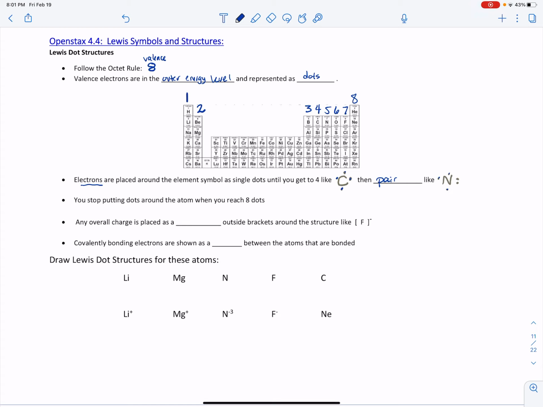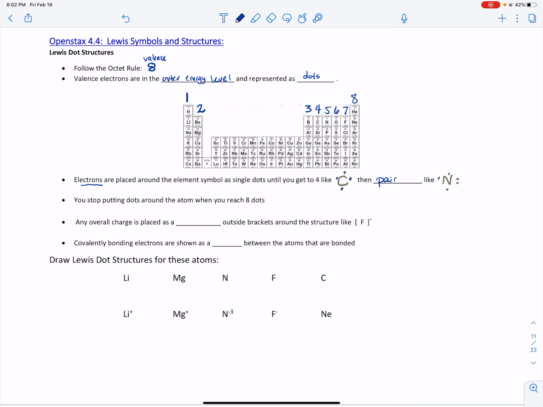Now, in a way, you could think of this as, and some people do think of this as an s orbital, and this being the p orbitals that are available. For now, we're just going to be looking at these as the electrons that are available for bonding.